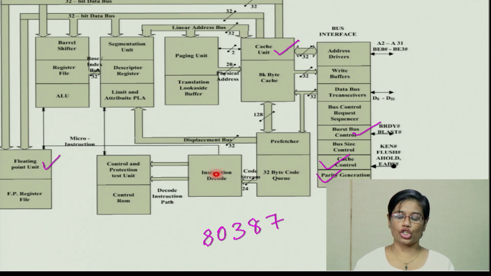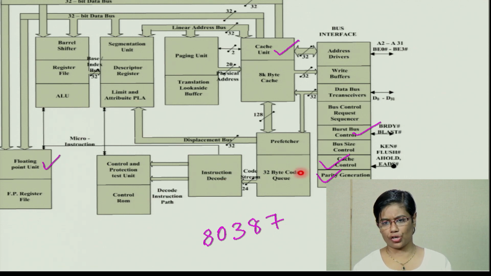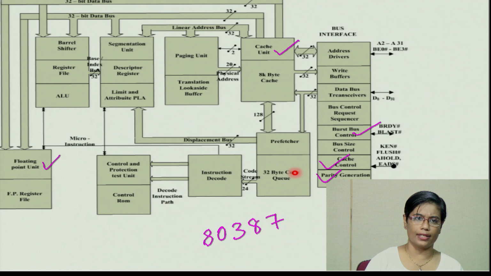These instructions are pre-decoded by the decoder unit. The decoder unit then passes the instruction to the control unit, and it goes either to the arithmetic and logic unit or to the floating point unit for execution. So there is an ALU, a control unit, a decoder, and an instruction queue. All of that was there in case of 80386 also.